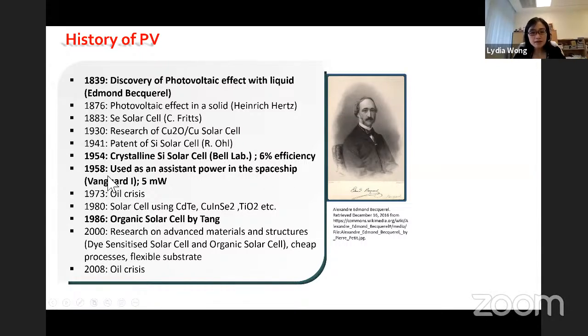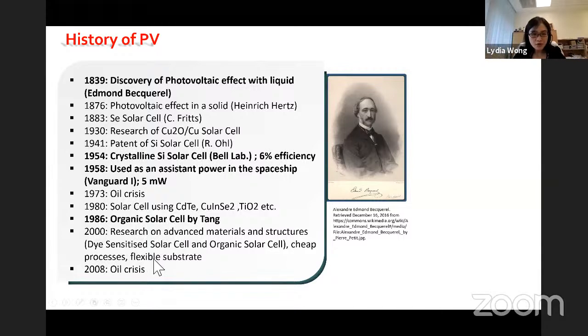And then after that, more and more materials came up, because the maximum efficiency of silicon is around 20 to 30%, so many people were also trying to find alternatives. And then in 2008, about 12 to 13 years ago, there was an oil crisis, and interest in solar cell research got a lot of attention again.